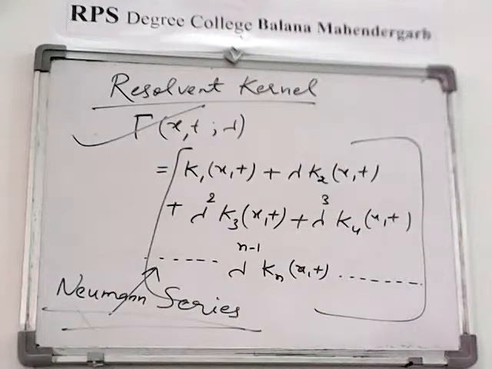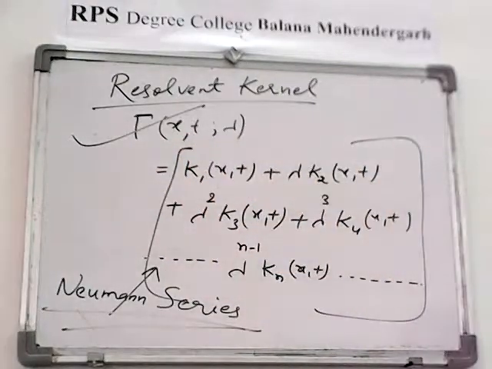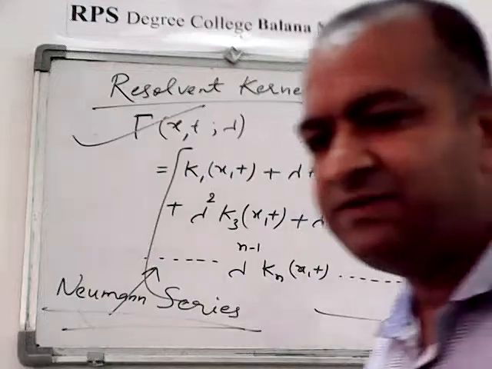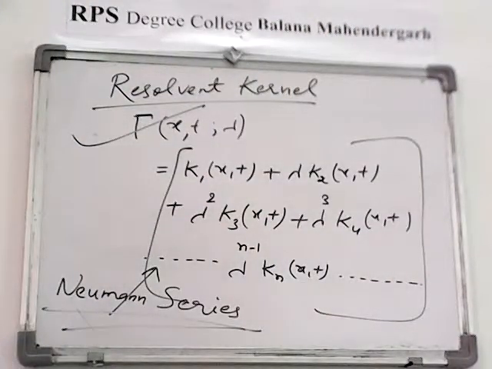The complete series is the Neumann series, and after simplification, the overall answer is known as the resolvent kernel. So now we will try some examples related to iterated kernel as well as resolvent kernel.